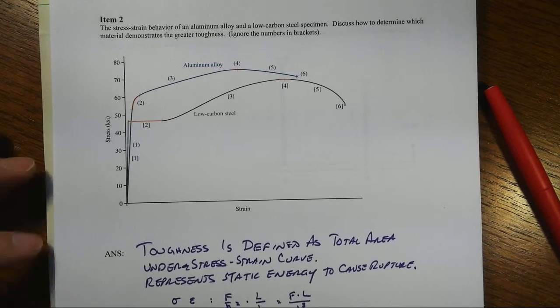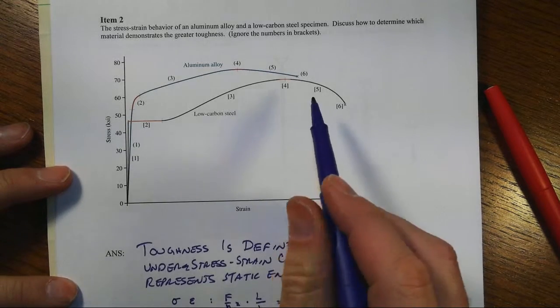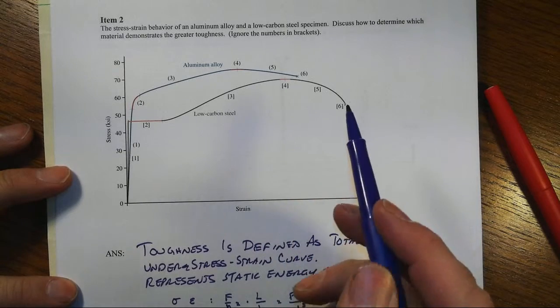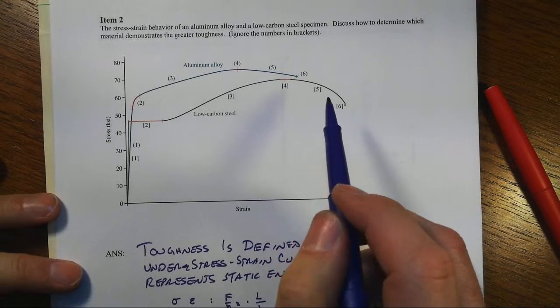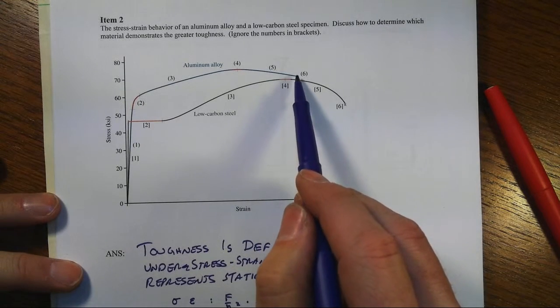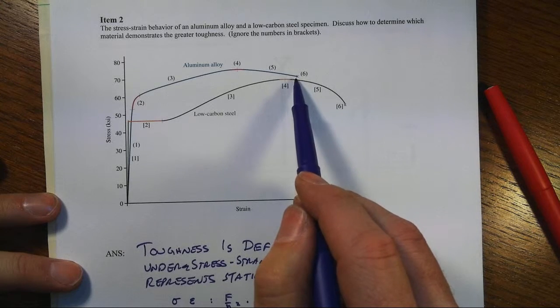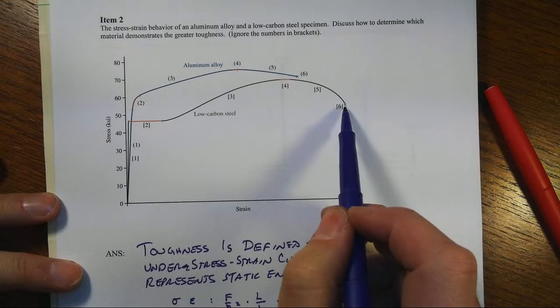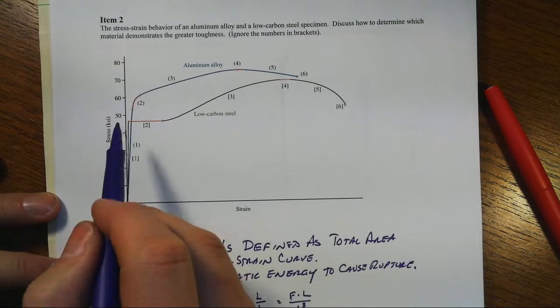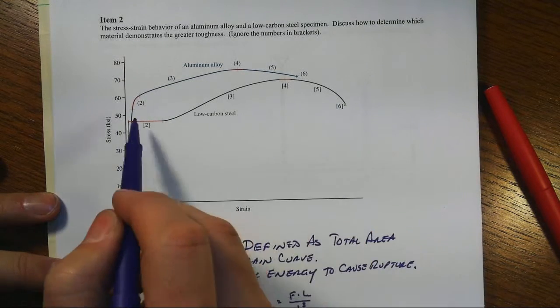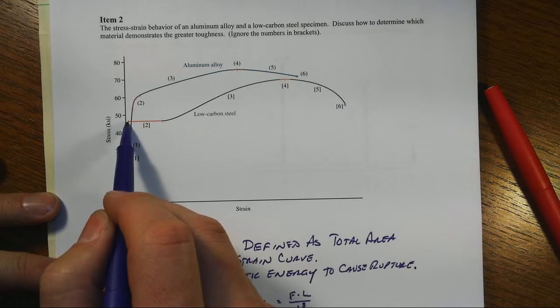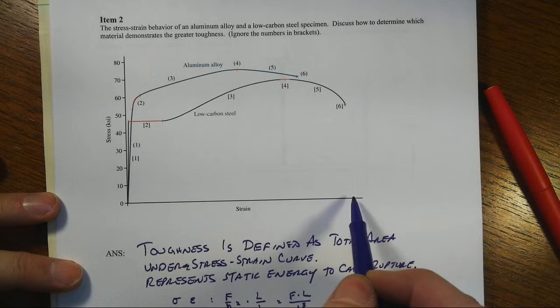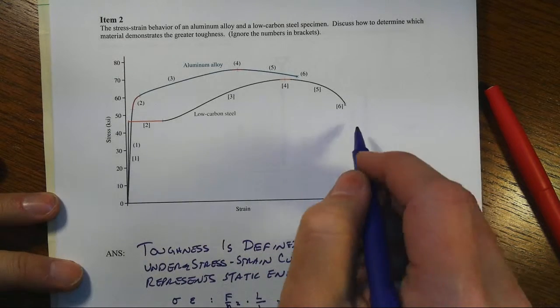Now if you wanted to take a step further and say, well, which one of these two materials experiences the greater toughness, you might be tempted to say, well, the fracture strain of aluminum is less than the fracture strain of the carbon steel, and notice that the carbon steel has a smaller yield strain, so the ductility capability of the steel is definitely greater.